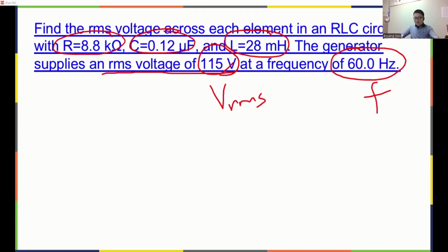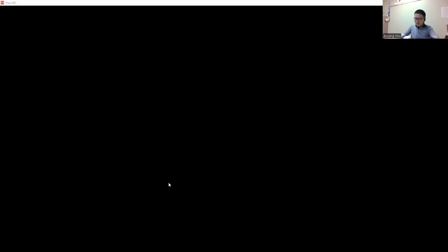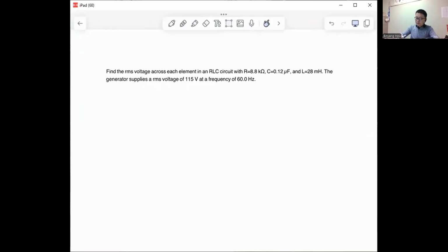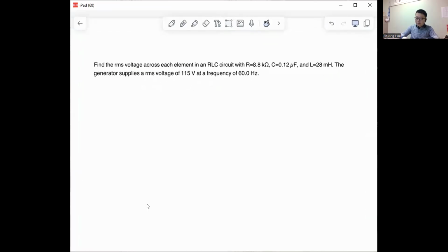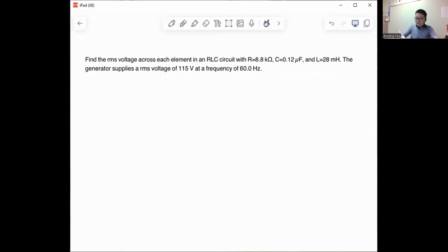All right, so we are looking for the RMS voltage across each element. We know the total, and we are looking for each of them. First, I think we can sketch this circuit.